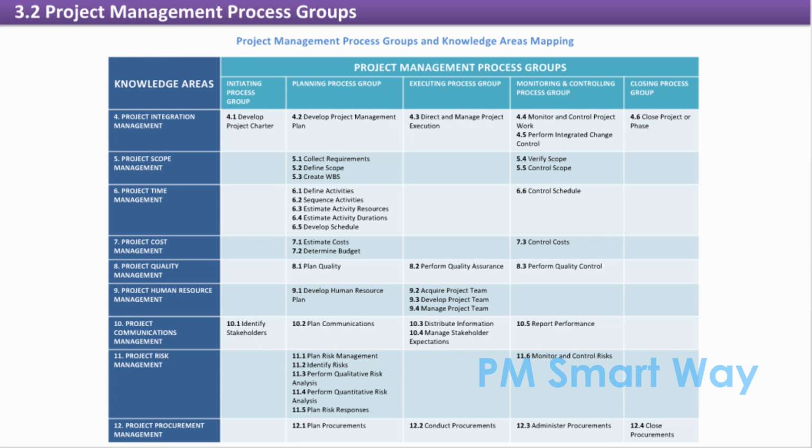The 9 knowledge areas are: integration management, scope management, time management, cost management, quality management, human resource management, communications management, risk management, procurement management. Processes in project integration management are concentrated on integrating, coordinating, and unifying project and project management activities.